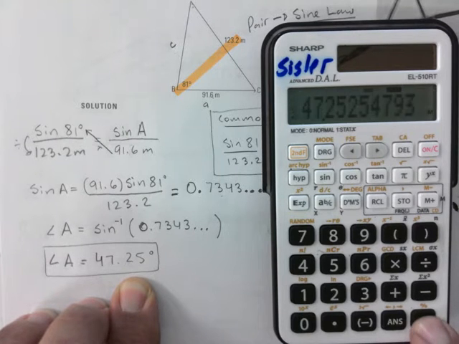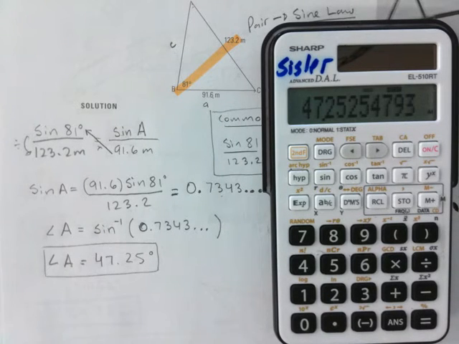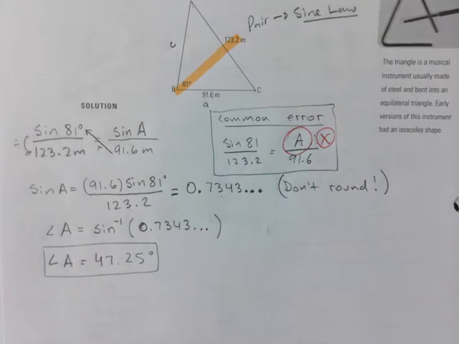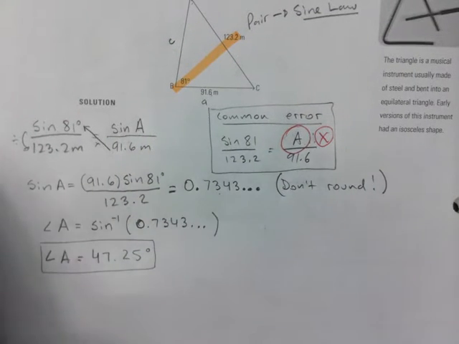Let's see. Oh no, it worked. 47.25. So it works with this one. I don't know. Anybody do you have issues with yours? No, because that's a different one. I don't recognize that. Okay, so if you have a decent calculator, this should be a non-issue. But sometimes you do have trouble. So there we go. Now we know how many angles.